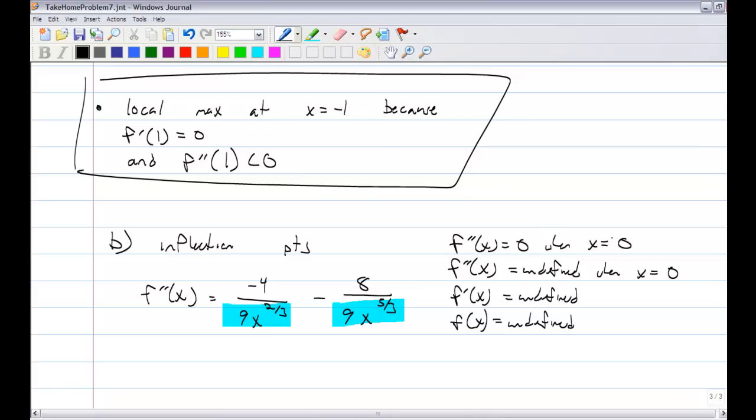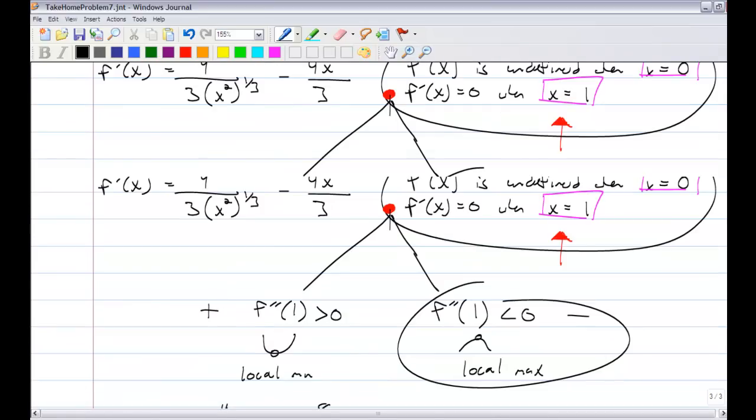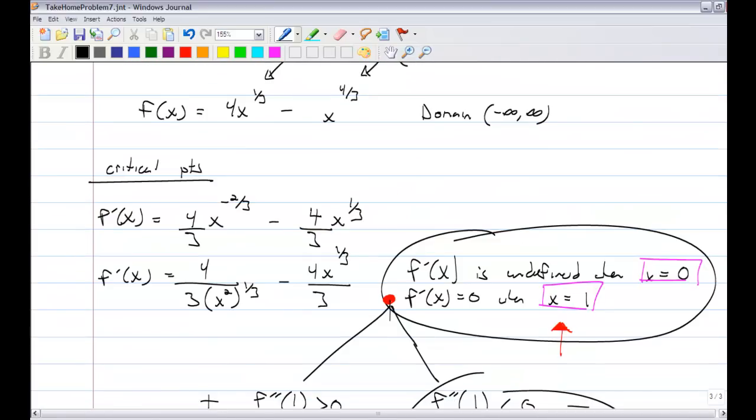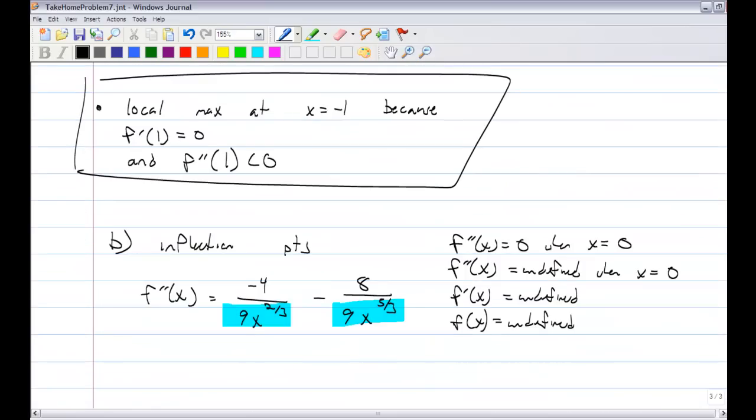Was f prime of x ever undefined? I think it was. F prime of x is undefined when x equals 0. And f of x is not undefined.